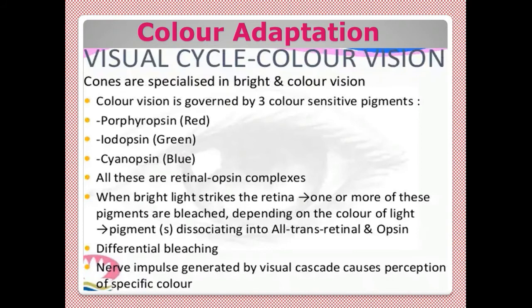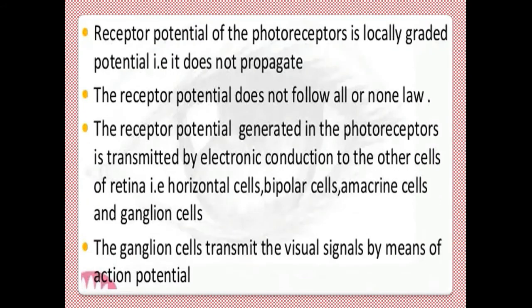The receptor potential of the photoreceptors is a locally graded potential. That is, it does not propagate. The receptor potential does not follow the all or none law.